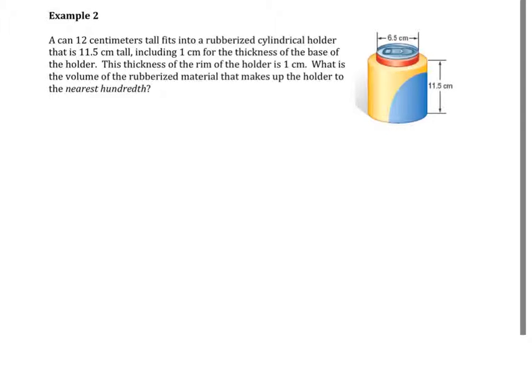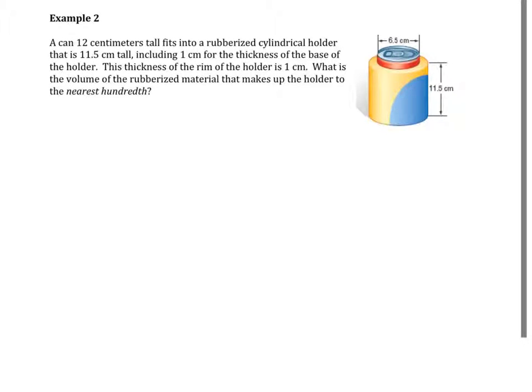So in order to find out the volume of the rubberized material that makes up the holder, just the holder, you're going to have to find the volume of the whole entire figure, which is the can as well as the holder.